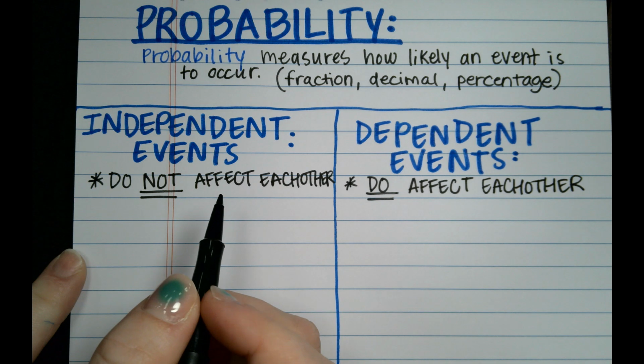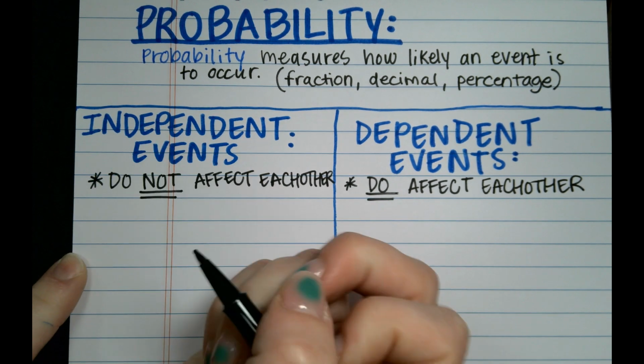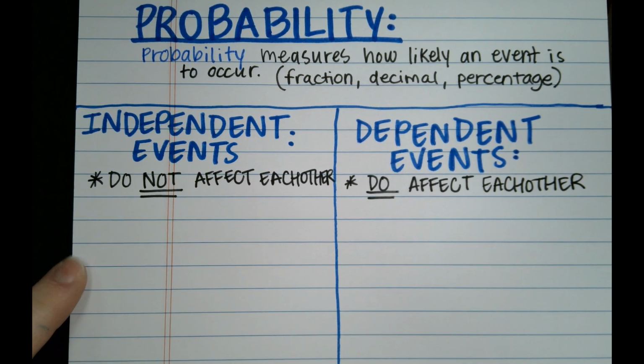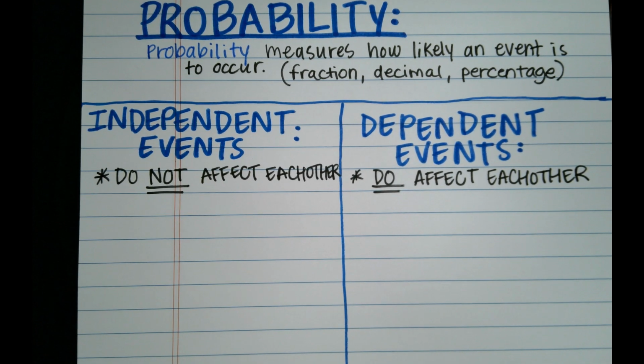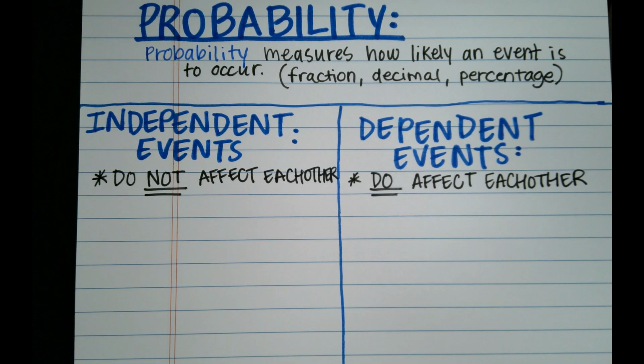So if I want to know the probability of two events occurring, we're going to call one event A, and another will be event B. So I'm going to grab some colors so I can kind of separate these.